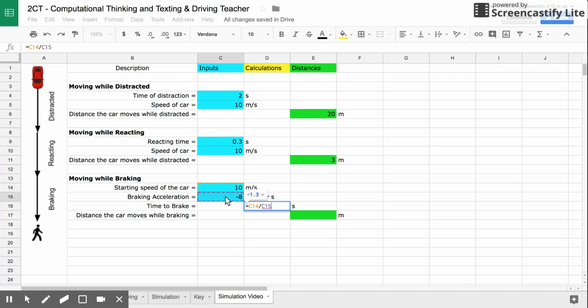Now, when I hit enter, you'll see it says -1.3 seconds. Now, a time can't actually be negative. So I'm going to multiply this by -1 to get rid of that negative. I went up into the calculation, put a negative sign in front, put parentheses around it, and it becomes positive 1.3.